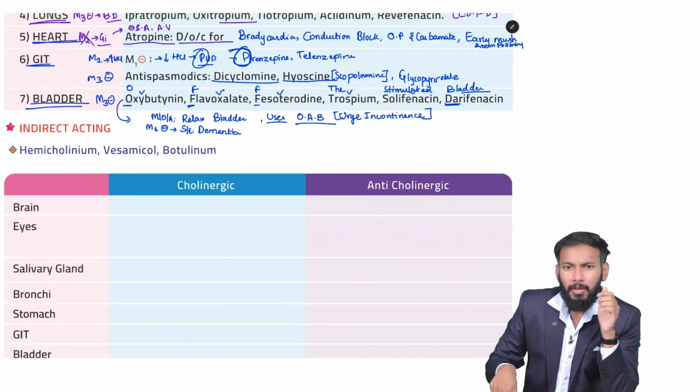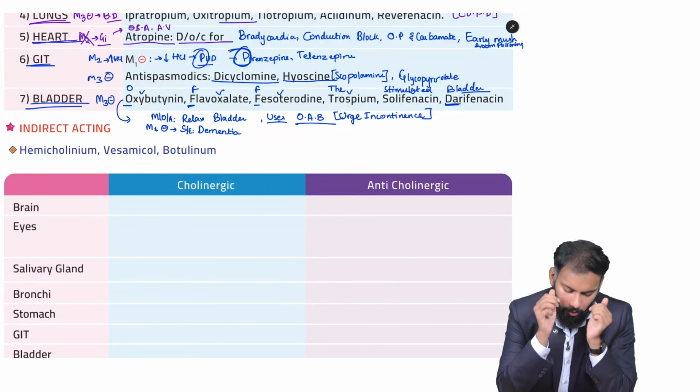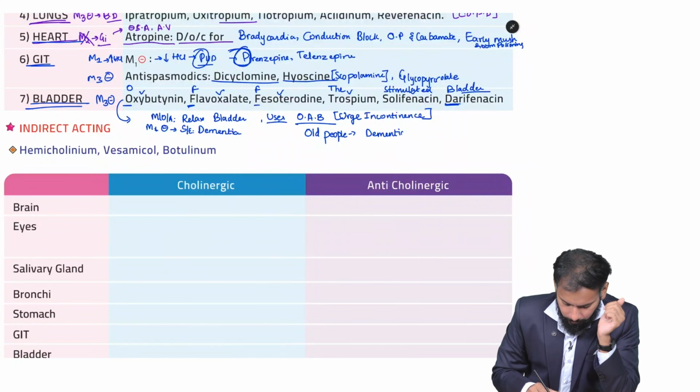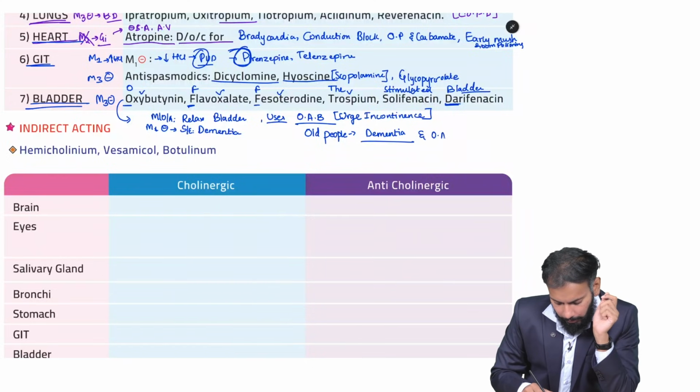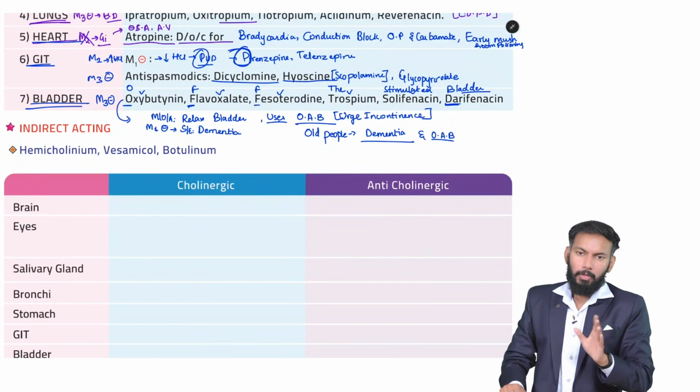Now you tell me which people have overactive bladder, young people or old people? Obviously old people, no. Old people are usually blessed with many problems. They also seem to have dementia. If a person is having dementia and overactive bladder, which anti-muscarinic drug will you give? Will you give oxybutynin?